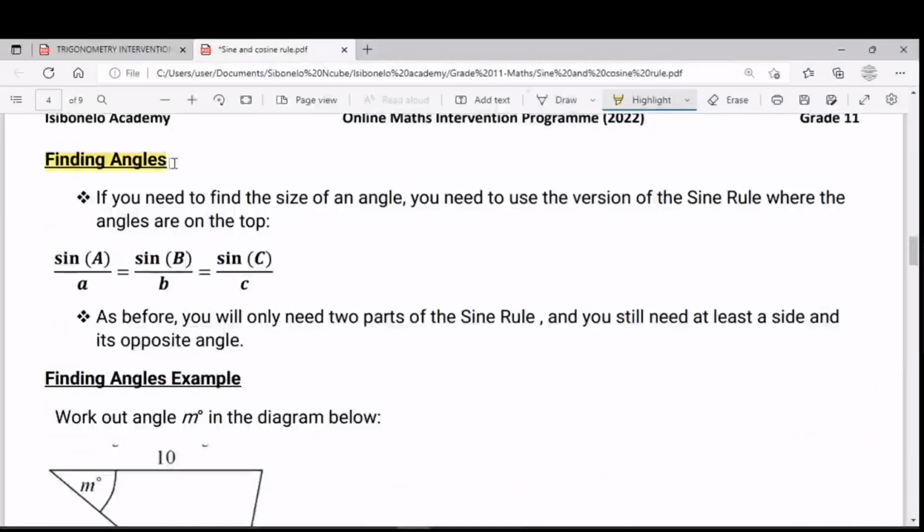Finding angles. If you need to find the angle, you need to use the version of the sine rule where the angles are on the top.